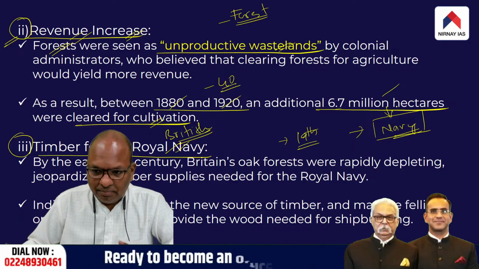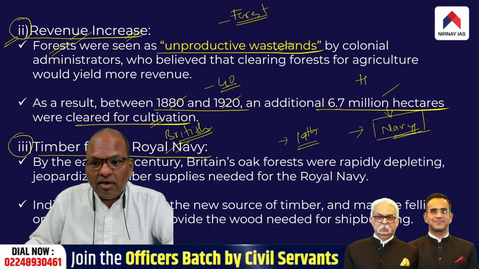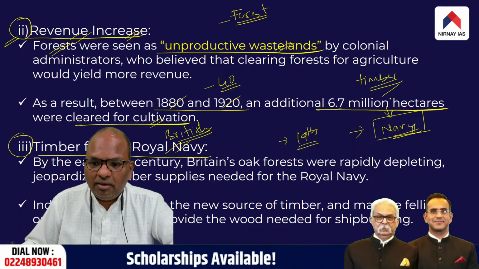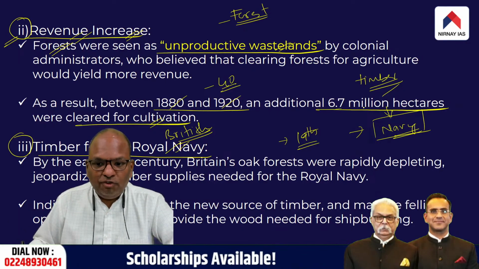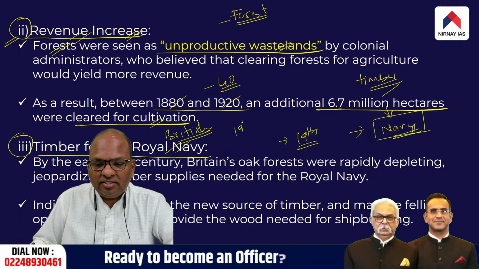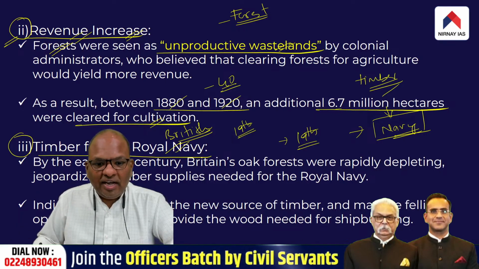And to construct ships, to build ships, high quality timber was required. And unfortunately, from the beginning of the 19th century AD, the availability of oak trees in England began to come down.